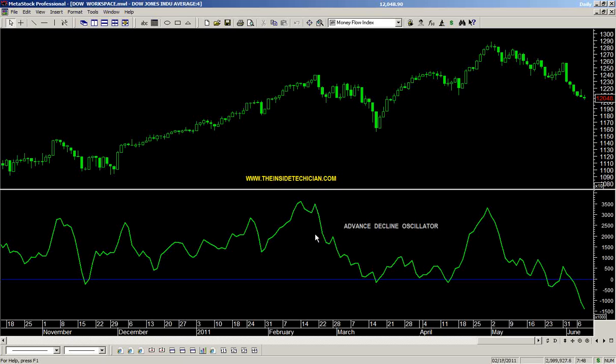Because however you want to interpret these indicators, there's only one way to tell the truth of exactly what's happening. In the advanced decline oscillator, the advanced decline line, we're looking at the total sum of the market participants in the form of the shares that are advancing divided by the declining.